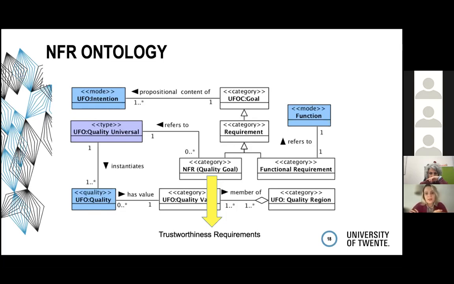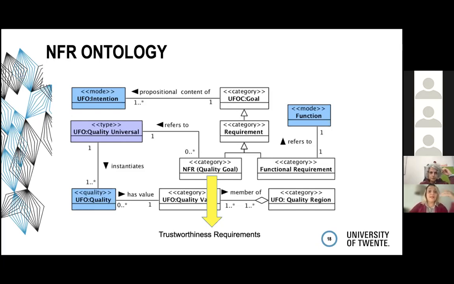And in the same way, we can think of a spatial region which belongs to trustworthy and non-trustworthy, right? So it's a way to map the quality to particular values.